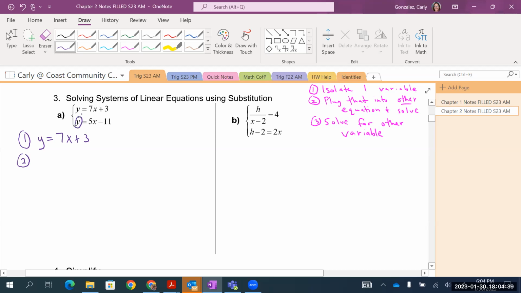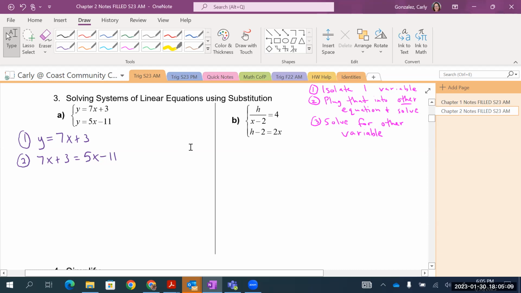So in this other equation, wherever we see a y, we can replace it with 7x plus 3, and then copy down the rest: equals 5x minus 11. Another way to think of it is if y equals 7x plus 3 and y equals 5x minus 11, then 7x plus 3 must equal 5x minus 11.